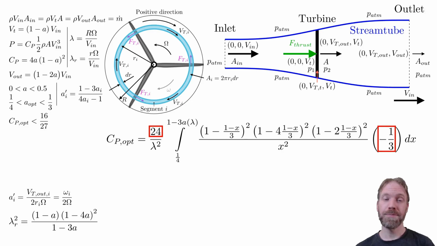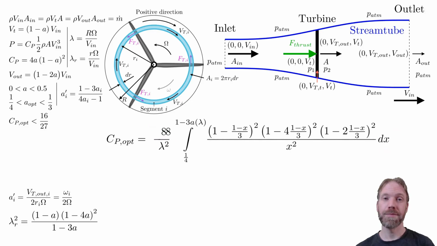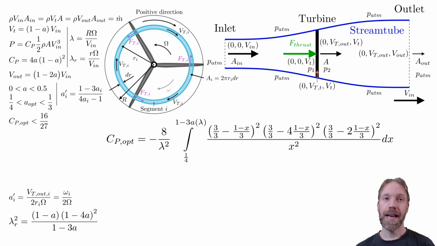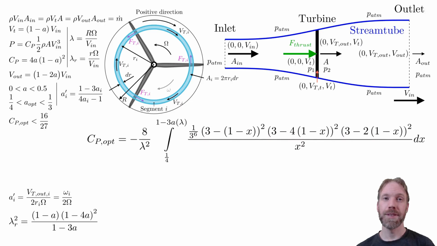24/3 is 8. Make the denominator 3 everywhere. And place all 1/3's outside parentheses. 3 to the power of 6 is 729.